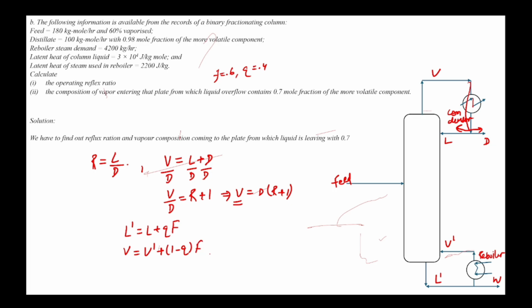Right? We have the reboiler steam demand, latent heat of column liquid, and latent heat of steam used in the reboiler.